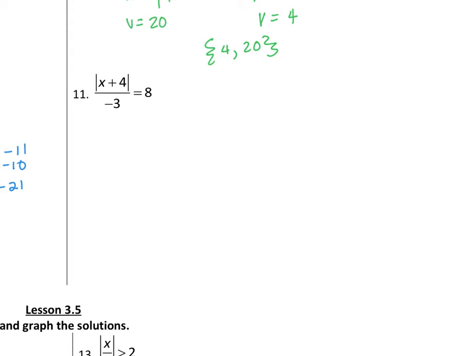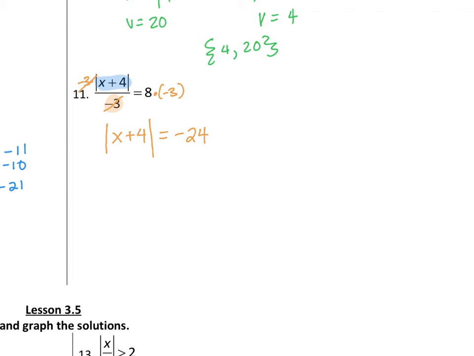For number 11, once again, here's my absolute value, and I can see I've got something extra right here. It's being divided by negative 3. To fix this problem, I'm going to multiply both sides by negative 3. They'll cancel here. I'm left with the absolute value of x plus 4 equals negative 24.